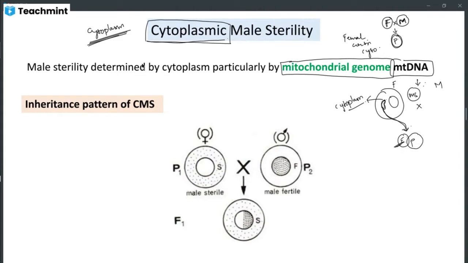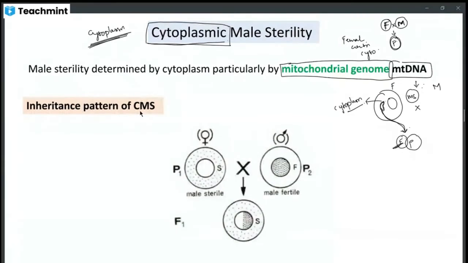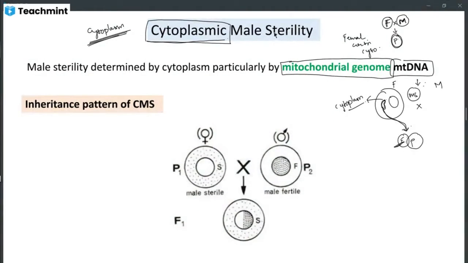Please remember this. When you see the inheritance pattern of cytoplasmic male sterility, the name itself indicates that male sterility is caused by the genes present in the cytoplasm, and more particularly, by the mitochondrial genome. So, when we have a male sterile cytoplasm crossed with a male fertile cytoplasm, this acts as your female and this acts as your male. In the progeny, cytoplasm will always be from the female side, right?